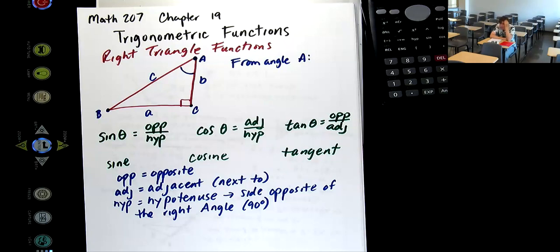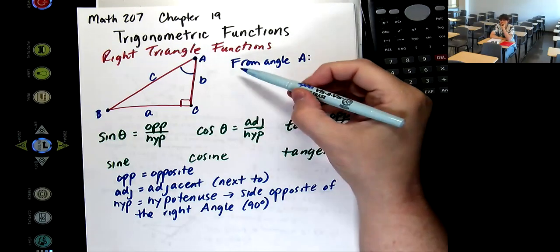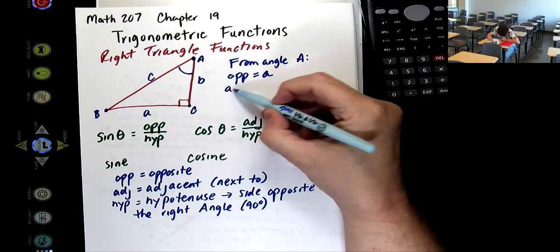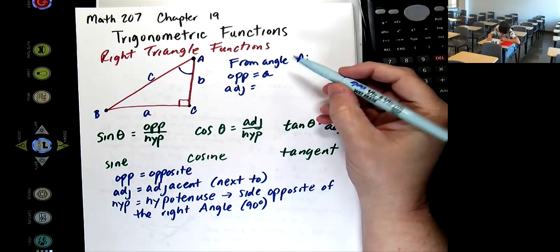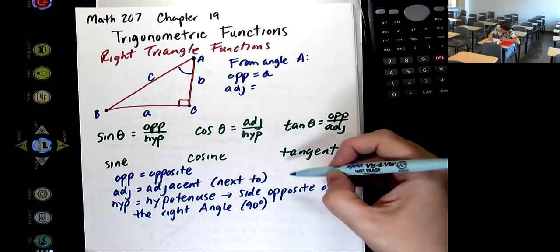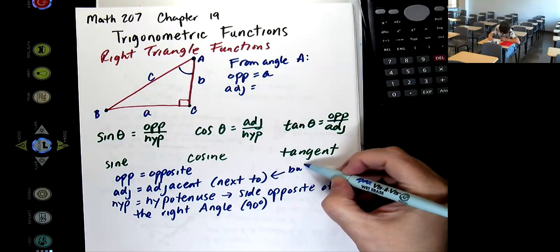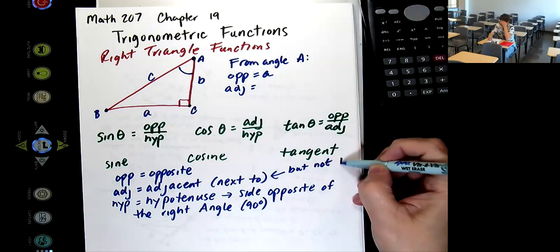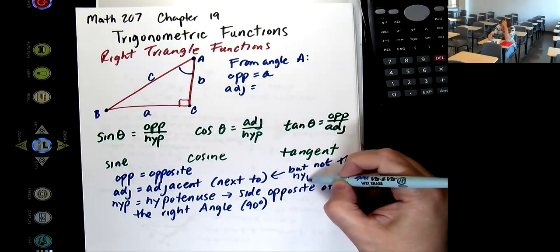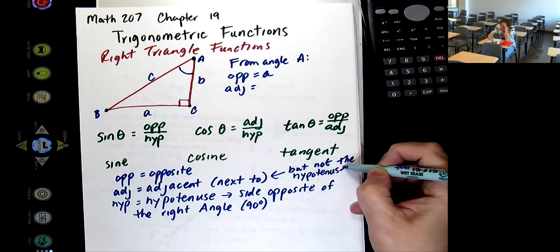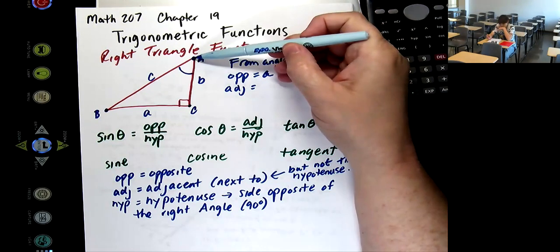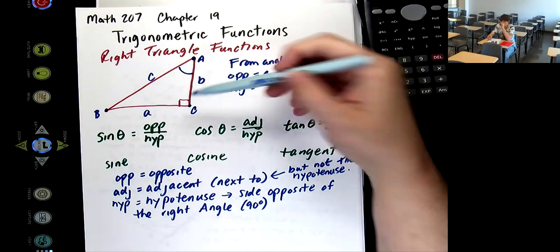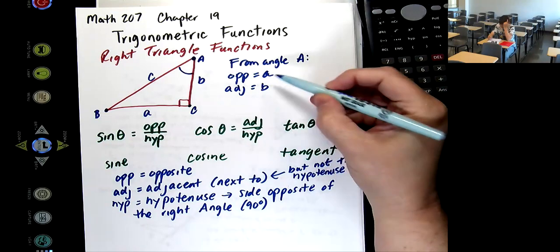From angle A's perspective, the opposite side is a. The adjacent side is the side touching it that is not the hypotenuse. I'm going to add that to the description of adjacent: next to, but not the hypotenuse. Angle A is touching both sides c and b. C is the hypotenuse, so b is the adjacent side.